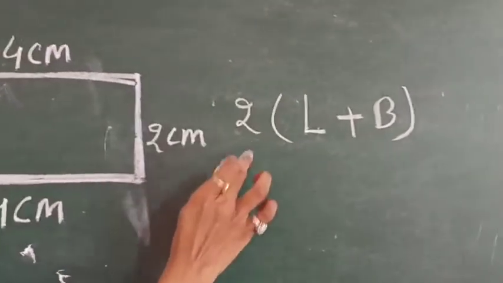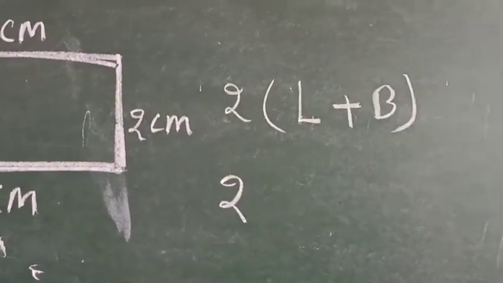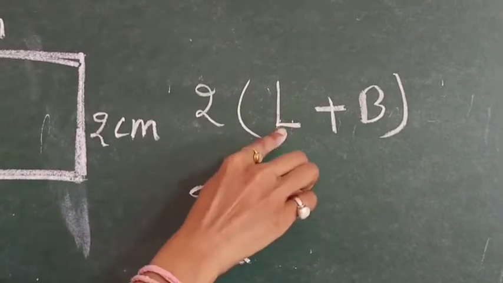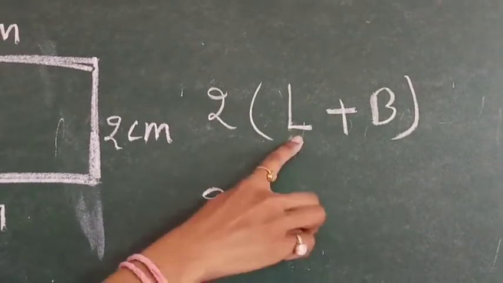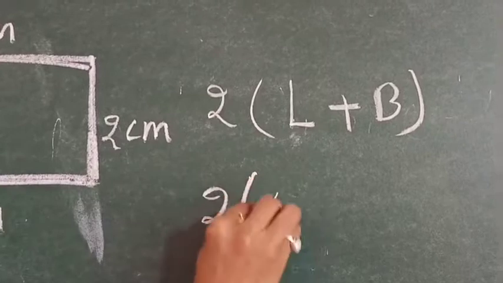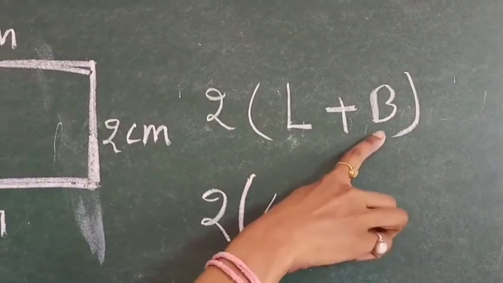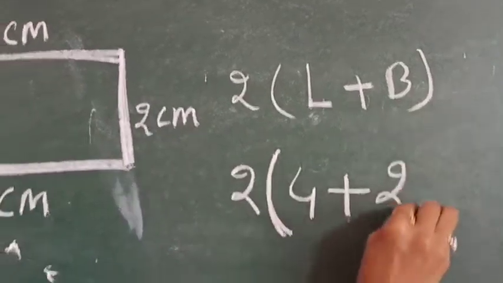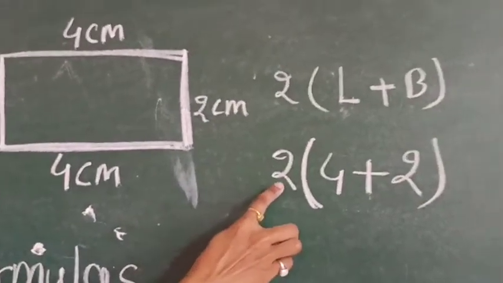Okay, so first you have to write 2 like this, and after this you write L. Length, what is your length? 4. After this, what is this? Breadth. Breadth is 2. Why do you write 2 here?